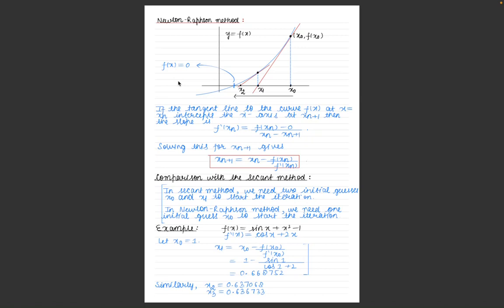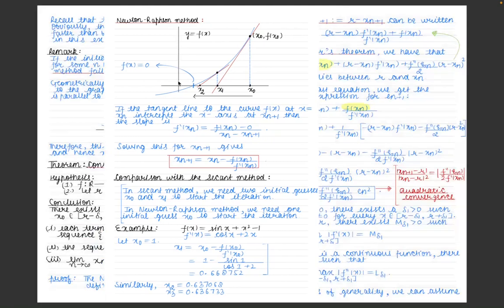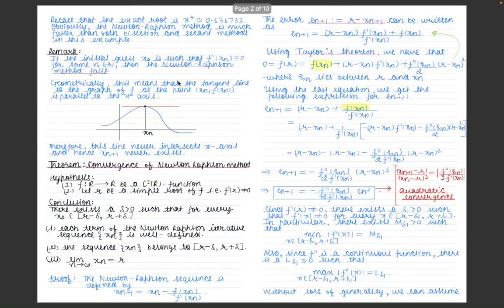Its algebraic multiplicity is 1, so it comes out as a linear factor. That is, f prime of that root is never 0. The conclusion basically says that if you start your initial guess sufficiently close to the simple root, then the iterative sequence will be well defined and will stay sufficiently close to the root r such that it converges to r.